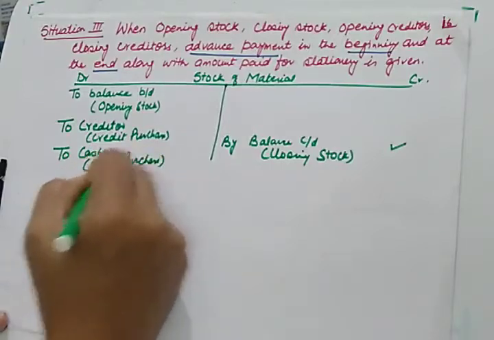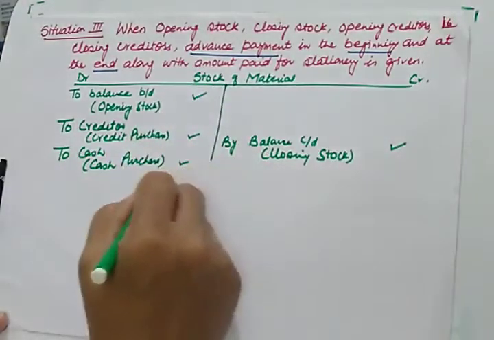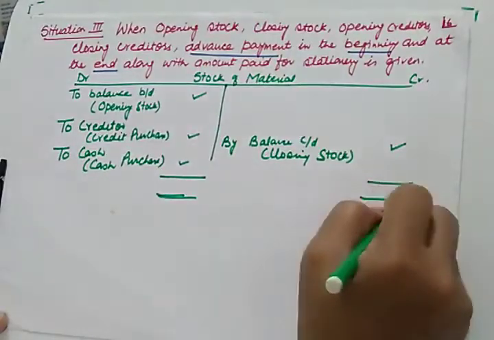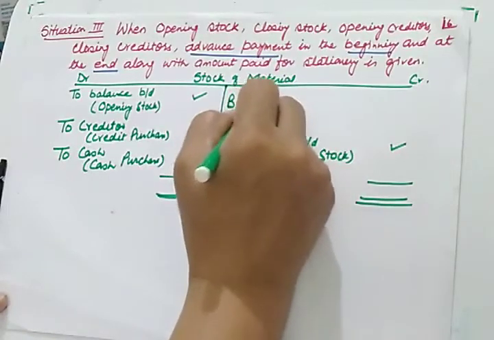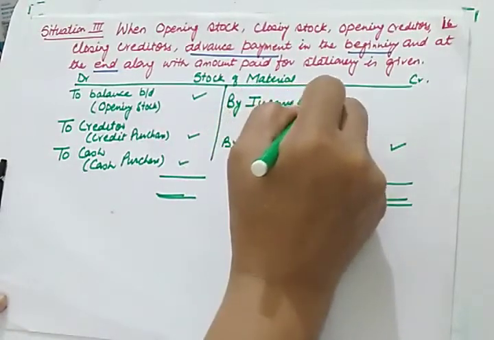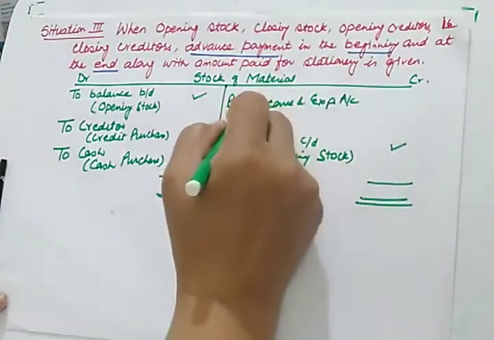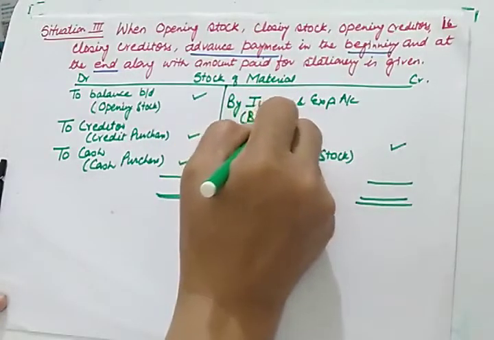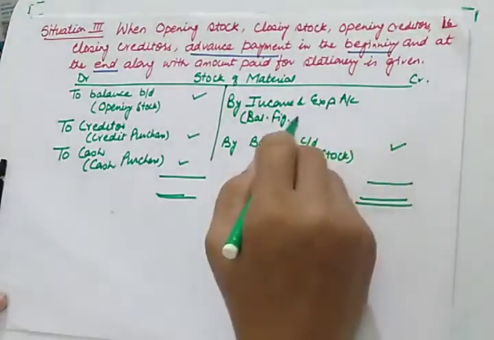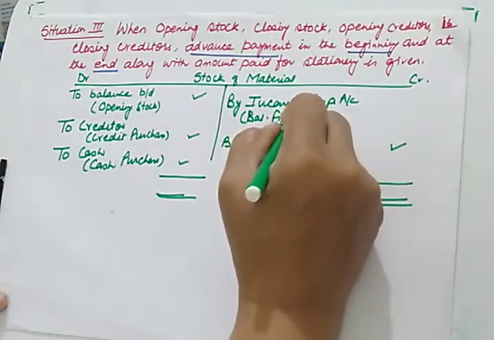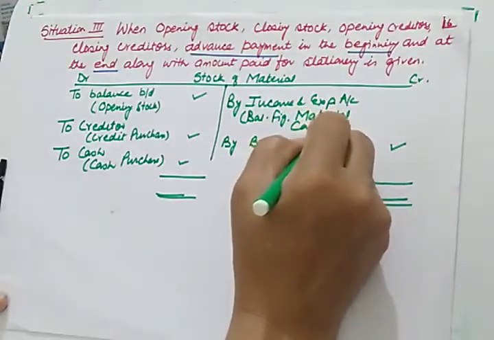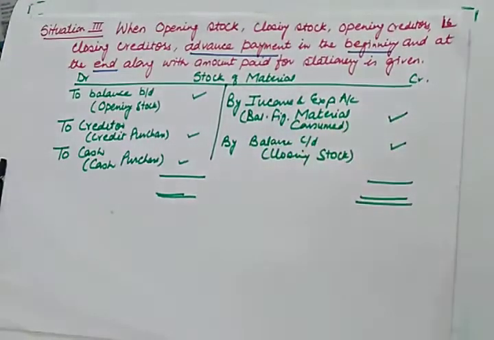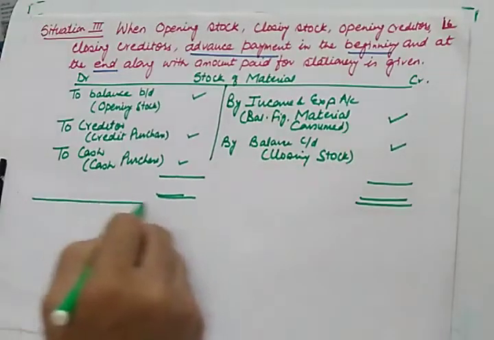So basically we'll be writing both the purchases here, and after that the balancing figure will be your material consumed, which will be debited to income and expenditure account. This is not a balancing figure; the balancing figure will be this material consumed. So I hope you have started learning and this method seems quite easy for you.